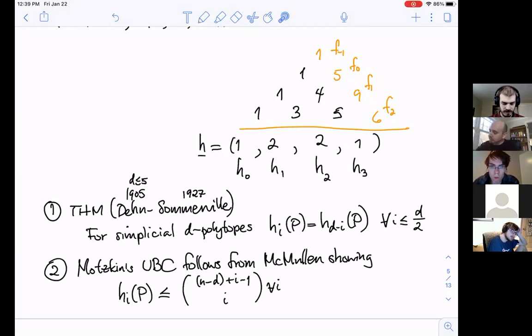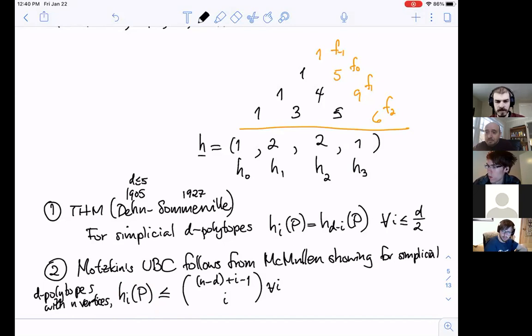And McMullen's saying that what it's really saying is that, for simplicial d-polytopes with n vertices, you have this inequality. That looks maybe like it might be more doable.